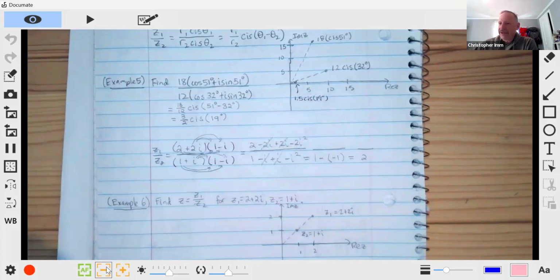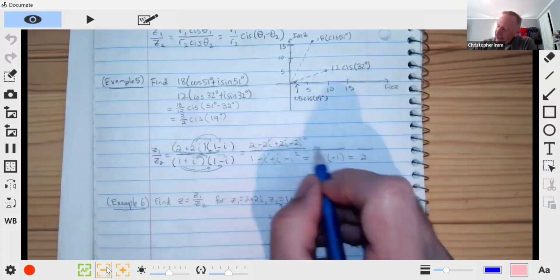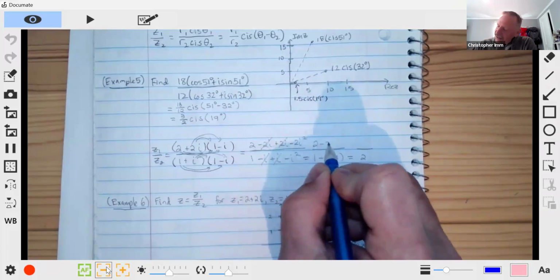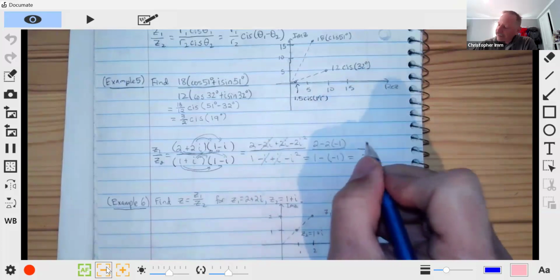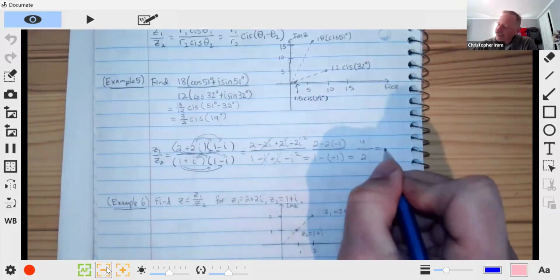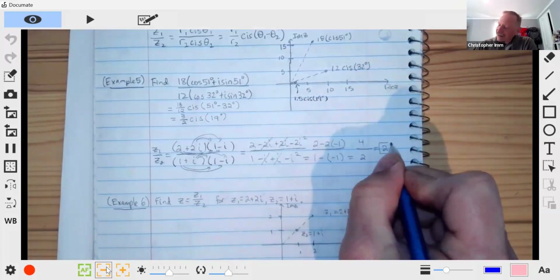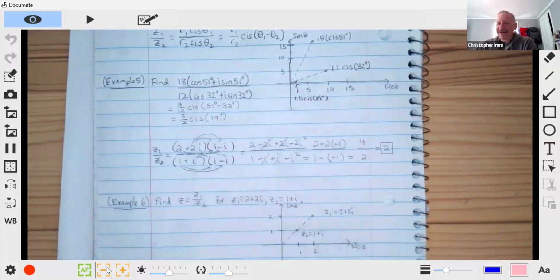It's not totally a number times its conjugate, but it's one scaled times the conjugate of the other. And I have 2 minus 2 times minus 1, because i squared is minus 1, and 2 plus 2 is 4. So this is going to turn out to be 2. And if you saw the easier way to do it, good job. But yeah, we're just going to get 2 there.